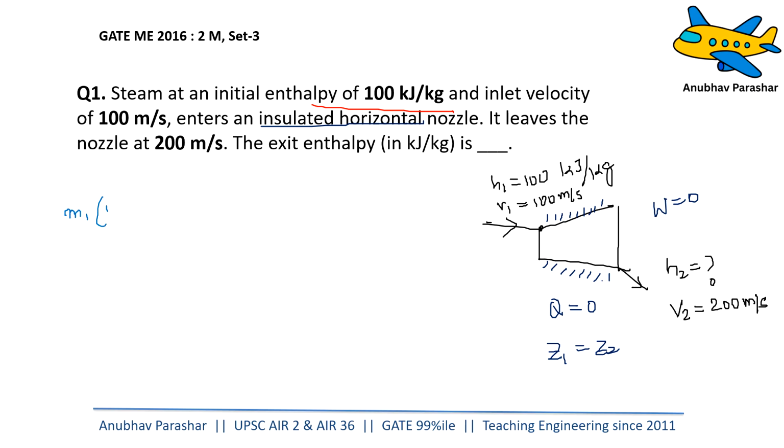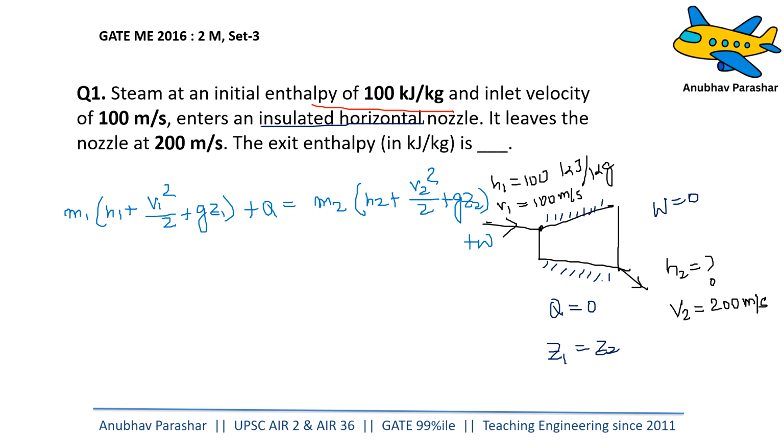So m1 is equal to m2. This is the full equation, but we need not write the full equation each and every time. h1 plus V1 square by 2 plus g Z1 plus Q is equal to h2 plus V2 square by 2 plus g Z2 plus W. So you can see it is insulated, so Q is zero.